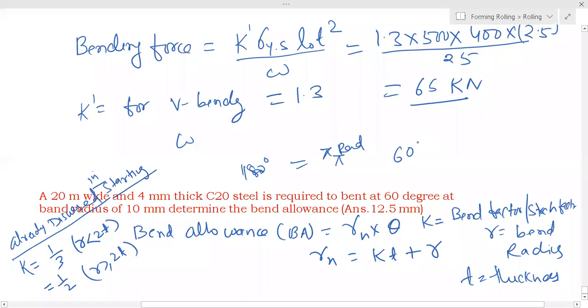So 6 degree is equal to pi by 180 into 60 radian. 180 degree is equal to pi radian.